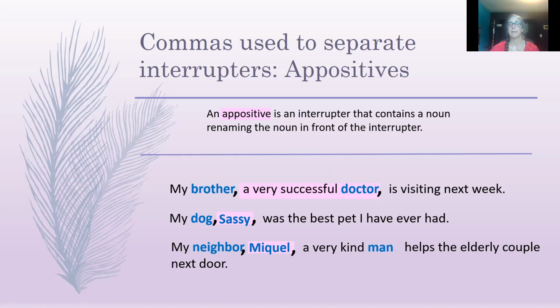A very kind man. My neighbor Miguel, a very kind man, helps the elderly couple next door. So you can have back-to-back appositives. And when you do, you need to make sure that they are separated from each other and from the clause, my neighbor helps the elderly couple next door. Is this making sense, Joey? Yeah. Do you have any questions? No, I think I got it.